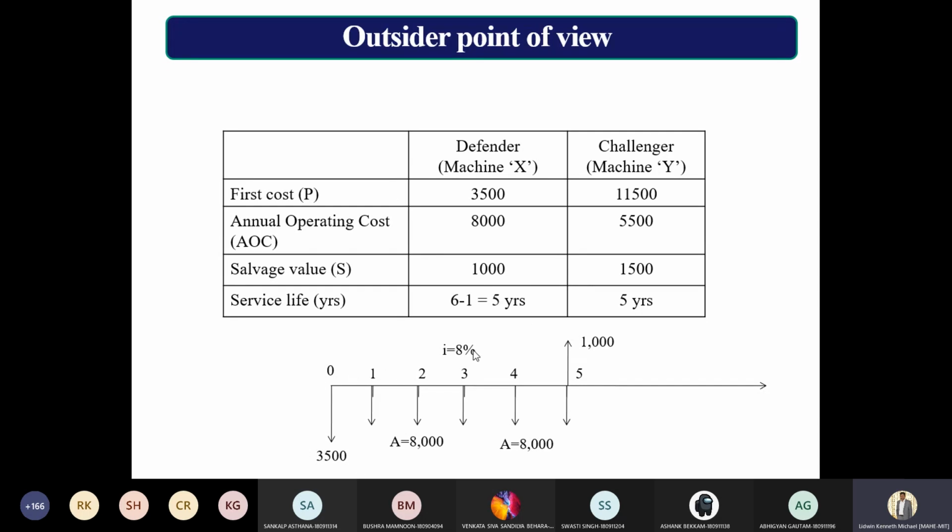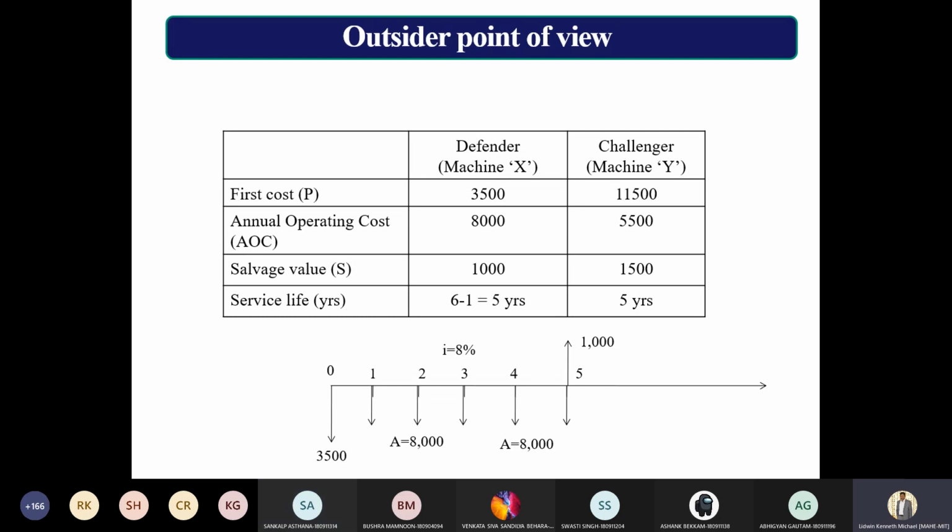Now, this will be your new cash flow in calculating the Defender, right?